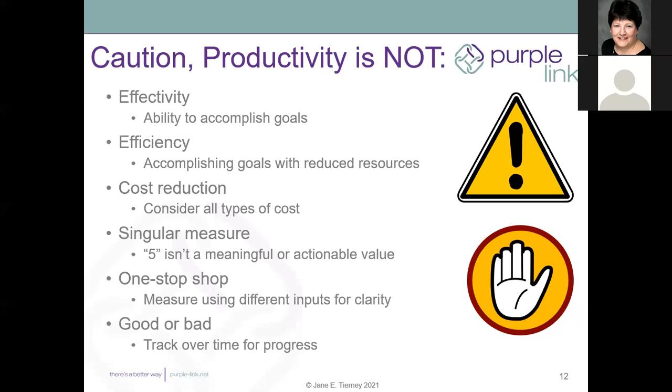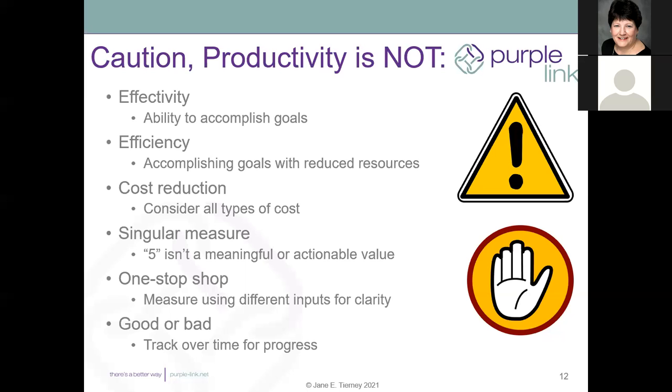If you can do it with fewer resources, and those resources are time, money, material, support, and all kinds of different things, that's more efficient. Efficiency is not productivity. They are akin, but efficiency is not necessarily tied to a specific output, and it's not looking at a ratio of that output versus the input.